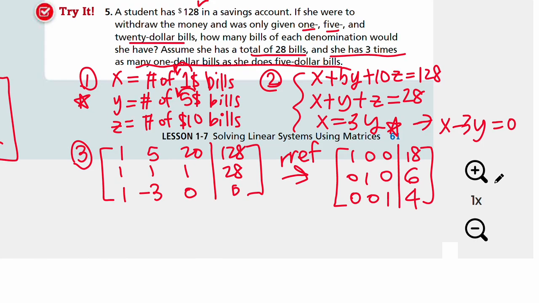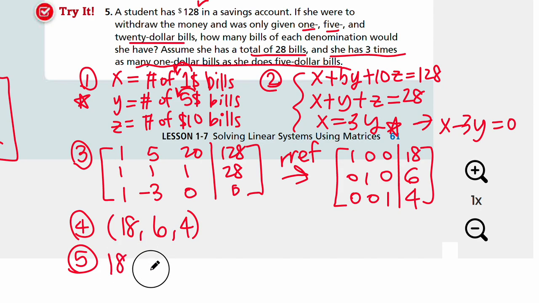And you're not done. And then you have the solution, right? 18, 6, 4. Interpret your solution. What does that mean? Go back to step 1. x means the number of $1 bills. So 18 is the number of $1 bills, right? So you have 18 ones.